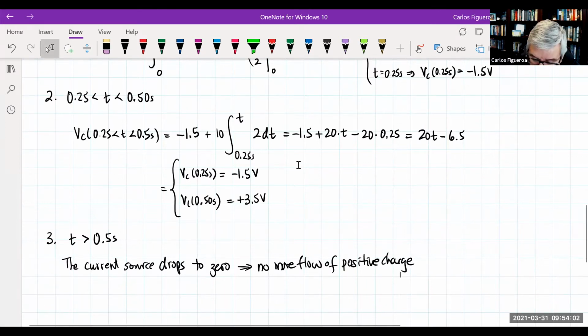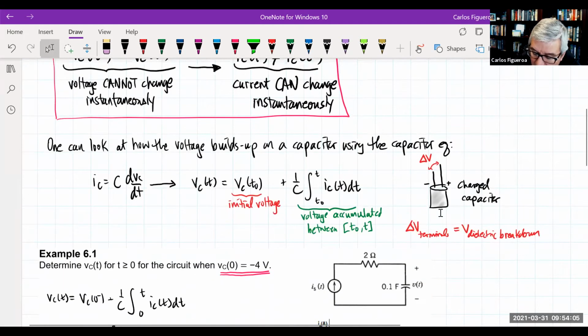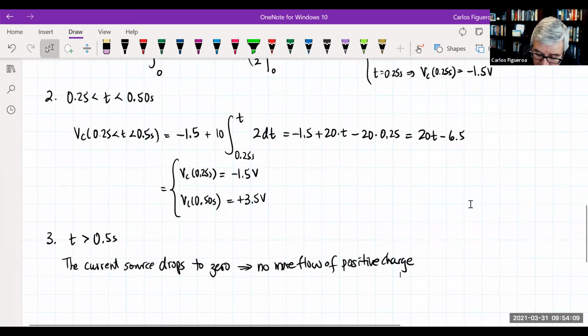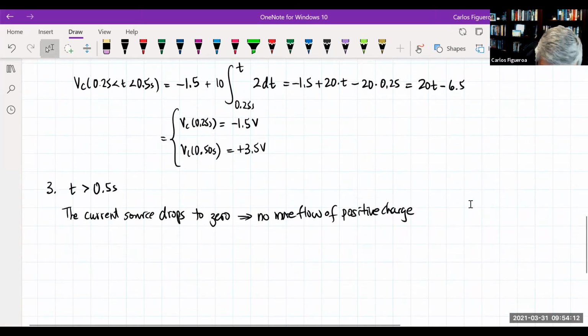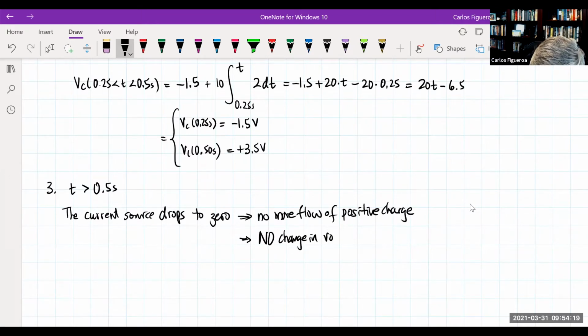And once again, because capacitors don't discharge under normal situations, what we expect here is no change in voltage. In other words, VC at 0.50 seconds should always stay for this guy right here. It should always remain at this spot.